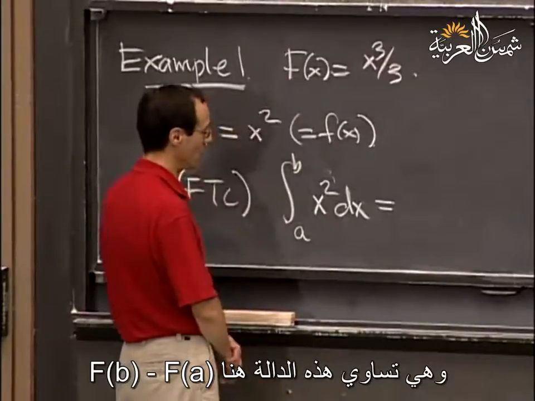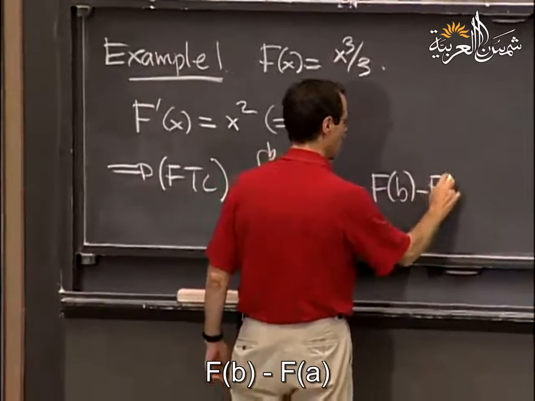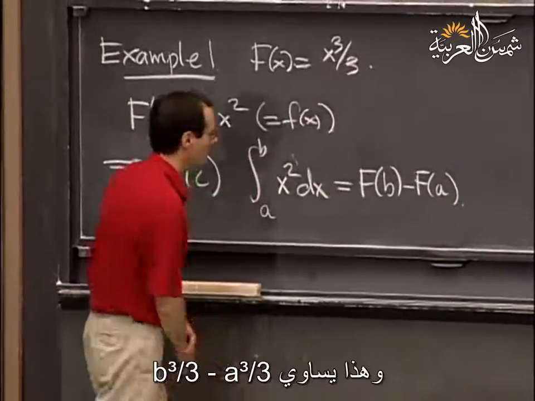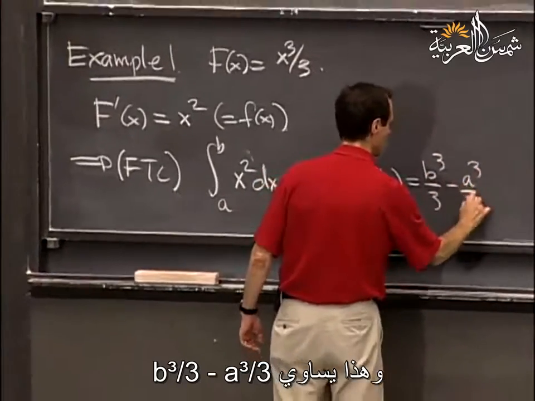That's equal to b cubed over 3 minus a cubed over 3.